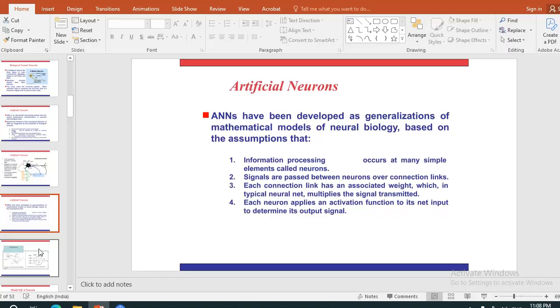Similarly, for the bipolar sigmoid activation function, the formula is 2 by 1 plus e power minus x, minus 1. That means the output varies from minus 1 to plus 1. So the sigmoid activation function works from 0 to plus 1, and the bipolar sigmoid activation function works from minus 1 to plus 1.